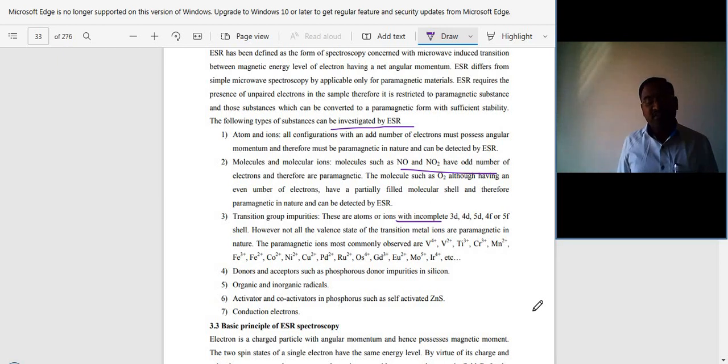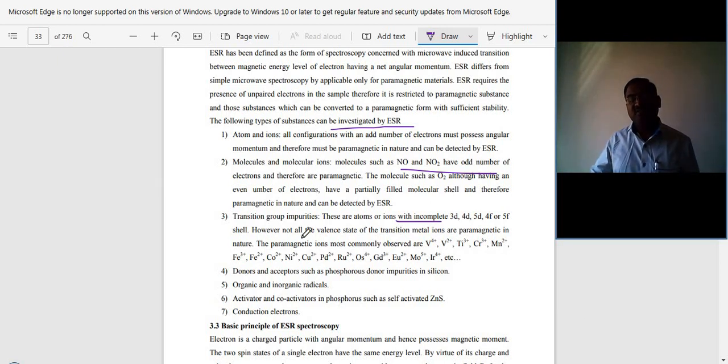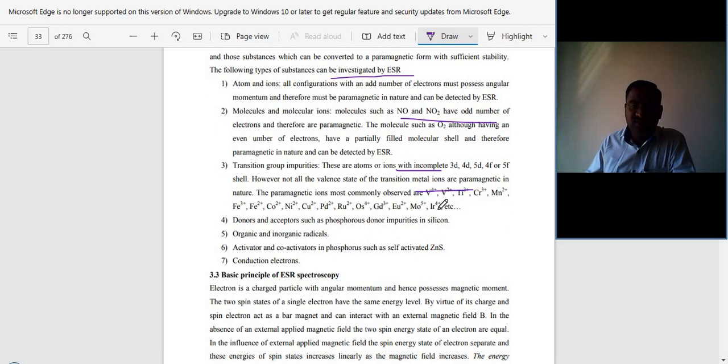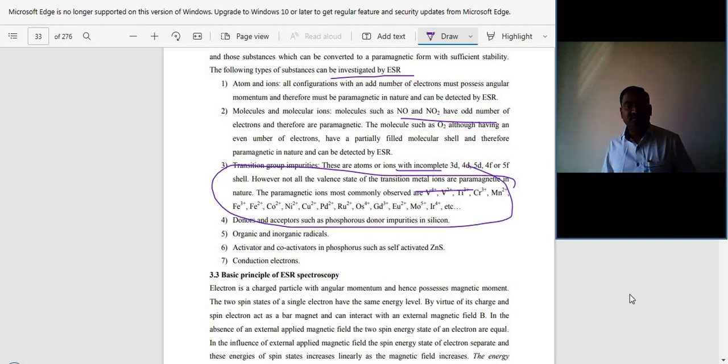However, not all the valence states of the transition metal ions are paramagnetic. We consider vanadium and so on; these are all transition elements, simply called d block elements.